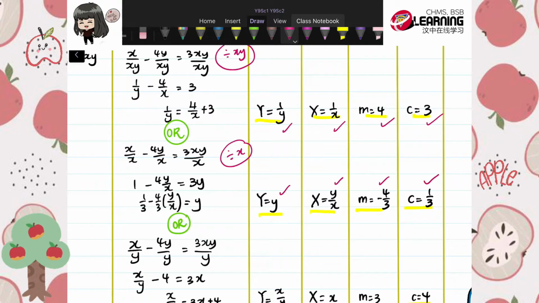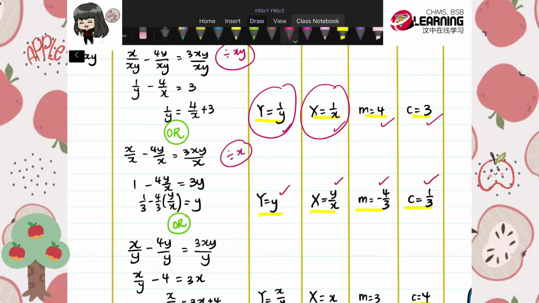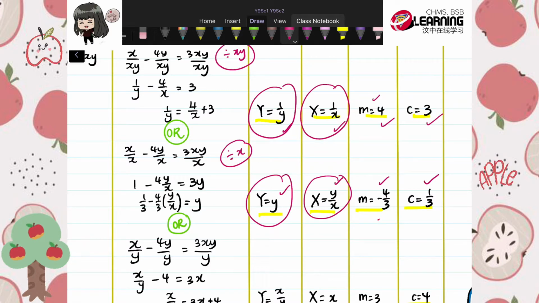If you plot your big Y against your big X using 1 over y and 1 over x, you will still get a straight line, with gradient 4. But if your big Y is y and your big X is y over x, you will still get a straight line, but the gradient will be negative 4 over 3.